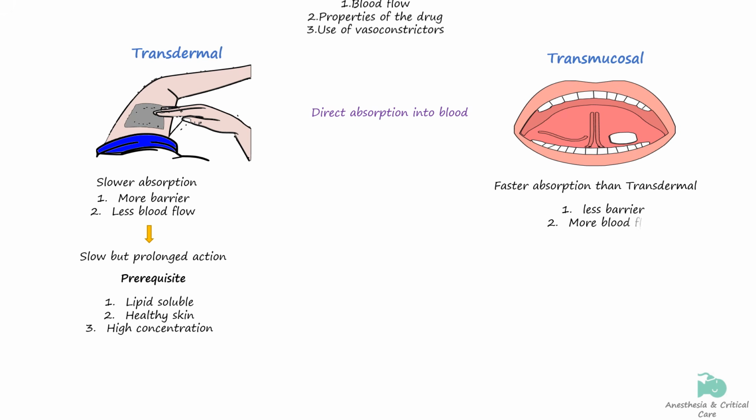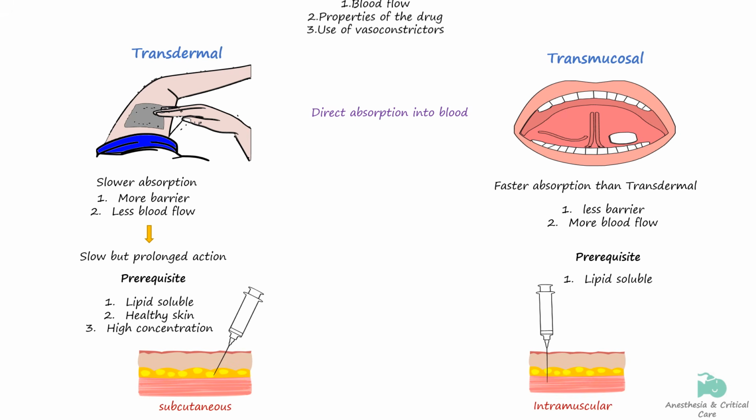The drug diffuses through the mucosal epithelium, which is also thinner and more permeable than skin. Such drugs need to be non-ionized or lipophilic to efficiently pass through the mucosal membrane. I must say that subcutaneous and intramuscular routes follow the same principle of absorption as that of transdermal and transmucosal drug delivery respectively.